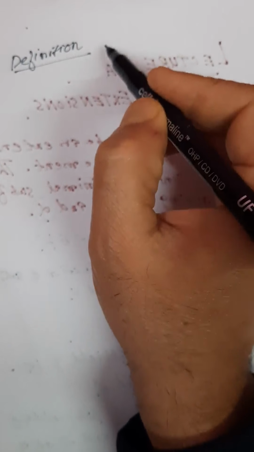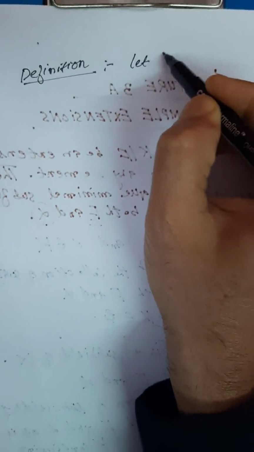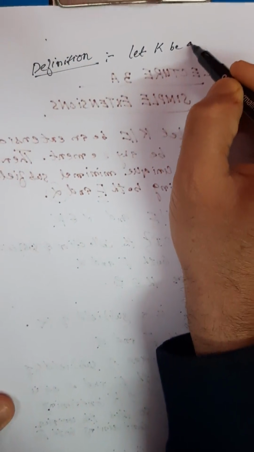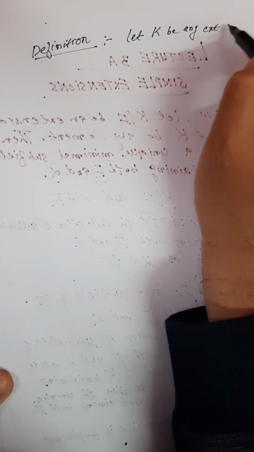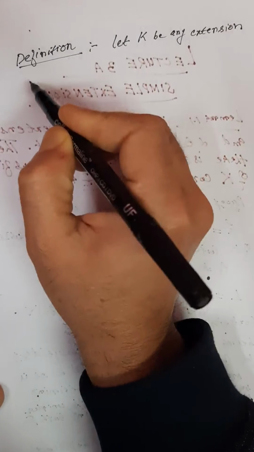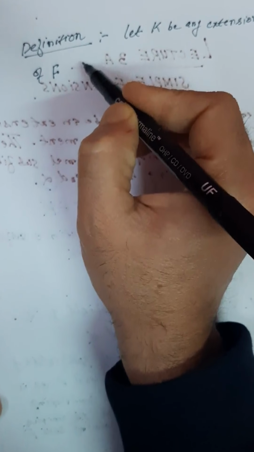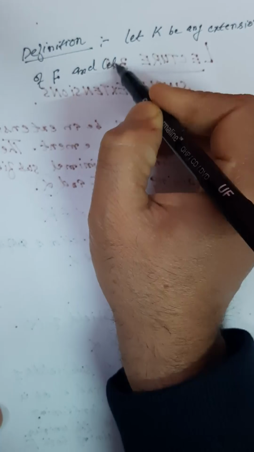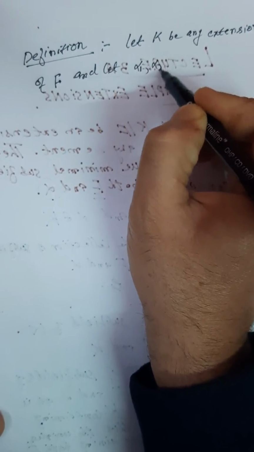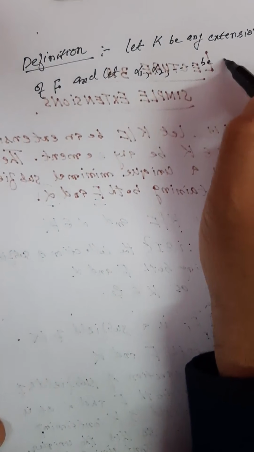Let K be an extension of F, and let alpha 1, alpha 2, and so on be in K. So it's a collection of elements in K.